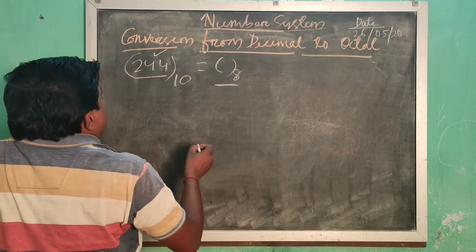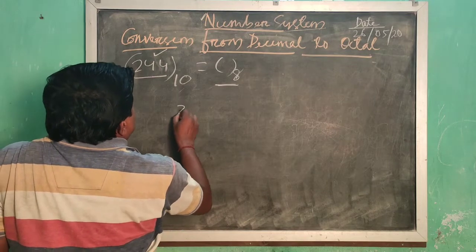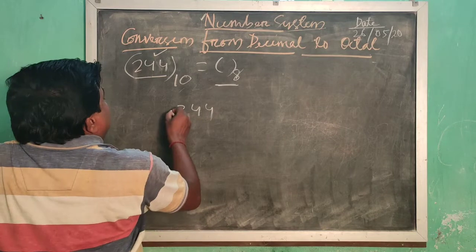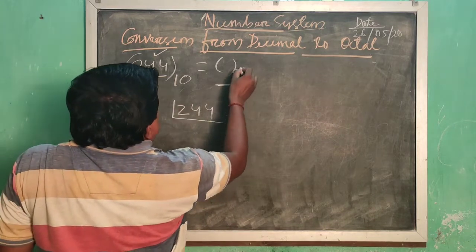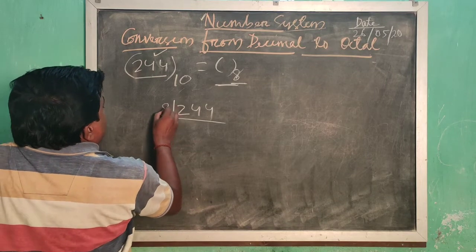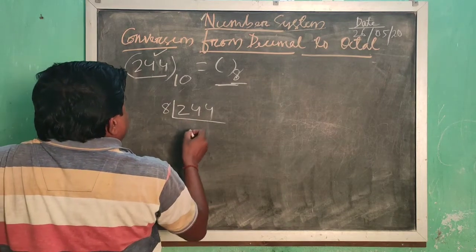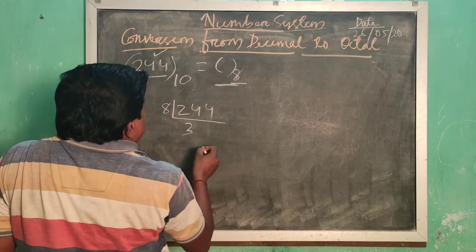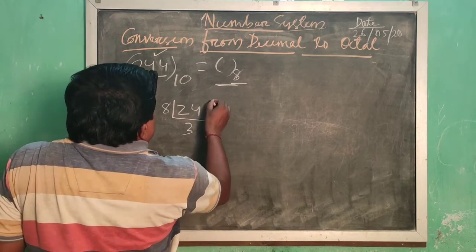See, when you want to convert a decimal number to octal, similarly you divide by the base of octal. Then here we will write 8, then 8 threes are 24, then left 4.